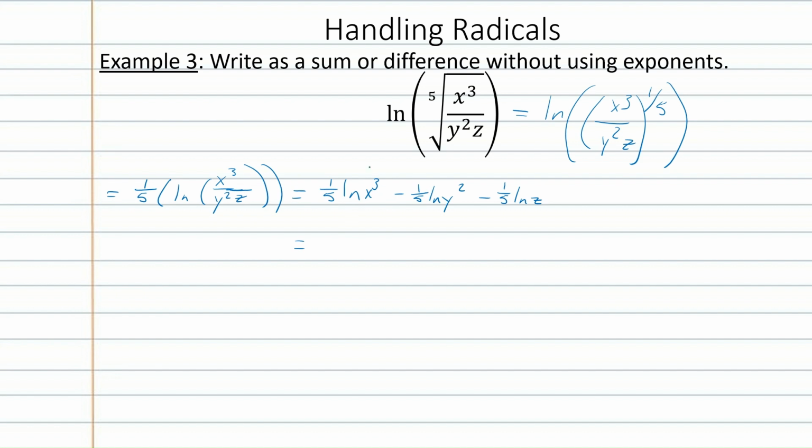Okay, then I can get rid of my exponents here. So I can bring the 3 forward, and now it's going to look like 3/5 natural log x minus 2/5 natural log y minus 1/5 natural log z. So something that looks really complicated here, when we simplify it out, didn't really turn out to be that overly complicated.